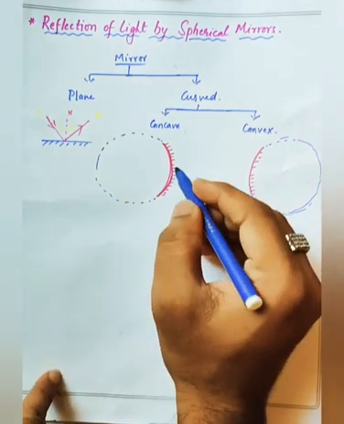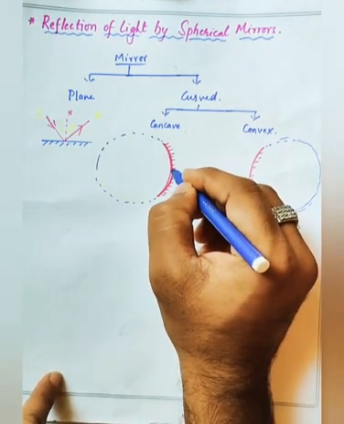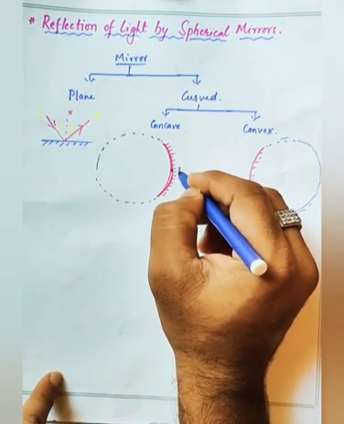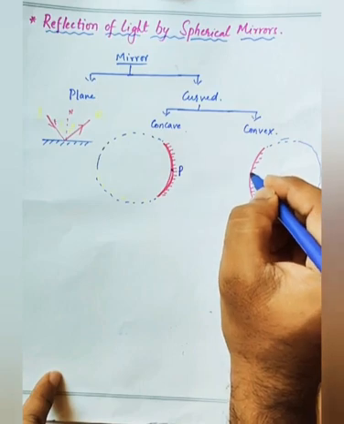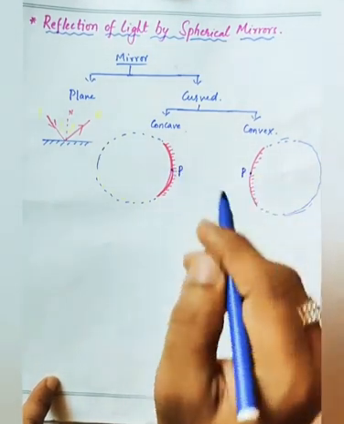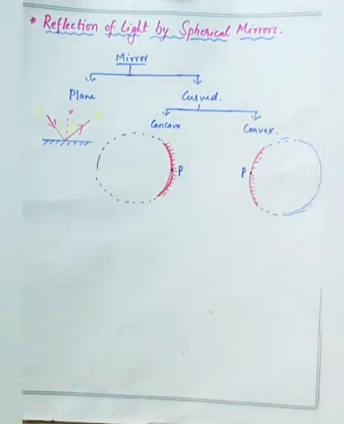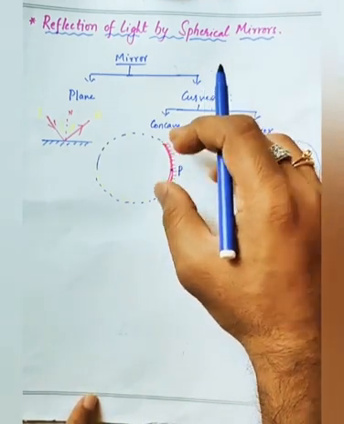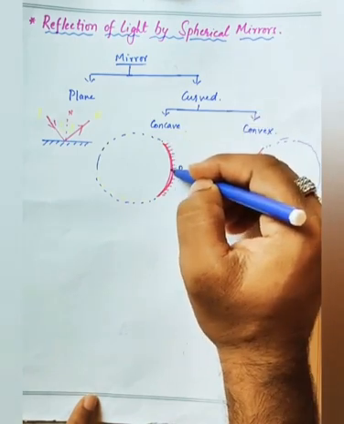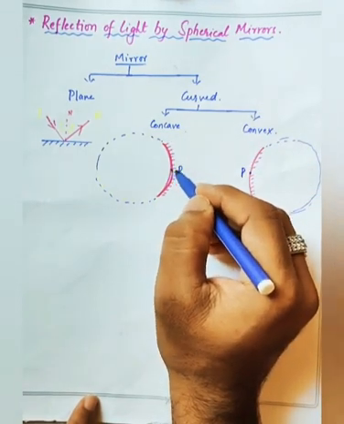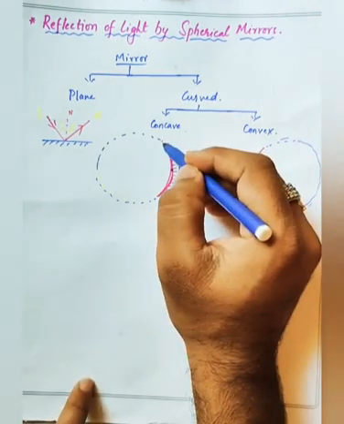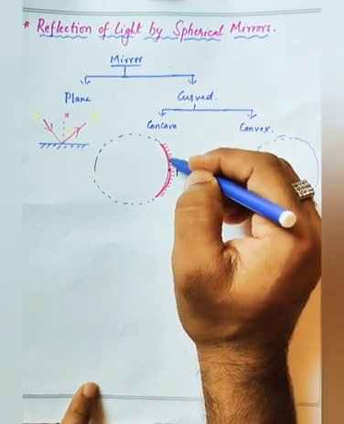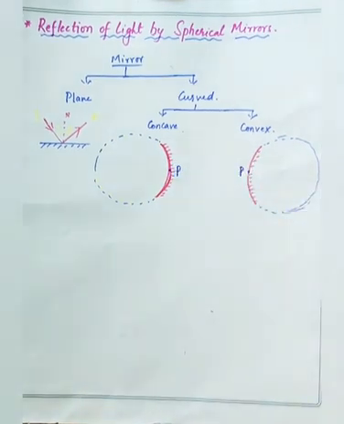This is the pole, generally represented by P. Pole is the midpoint of the aperture or the reflecting surface. The geometrical center is nothing but the pole. Geometrical center means the center of this particular part from here to here.